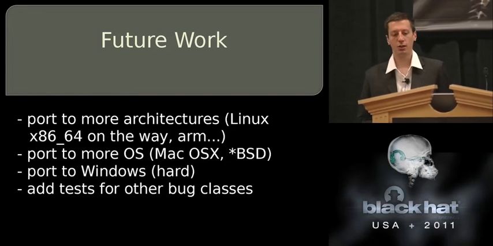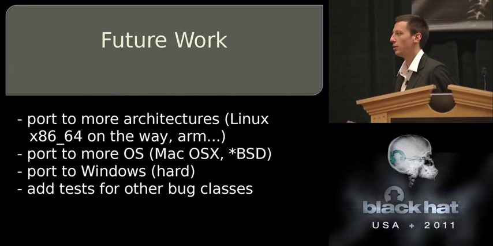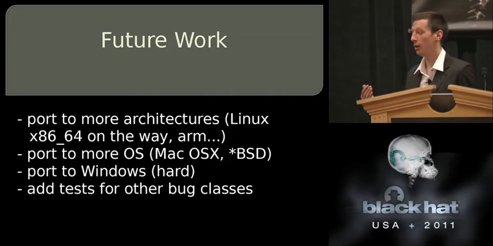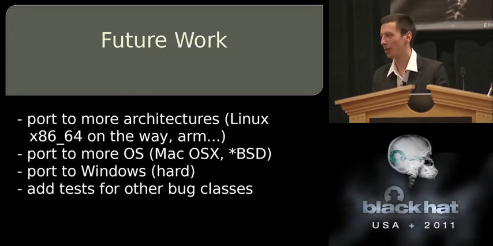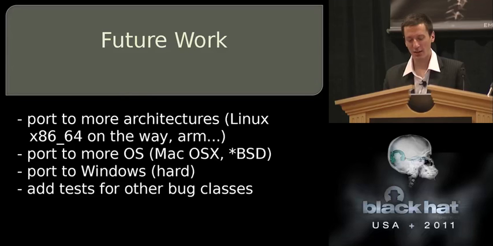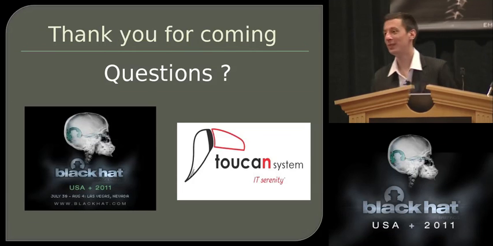The only thing is I have a pretty strong use of /proc. So if you don't have a /proc, you may need to brute force the memory location or get them via another way. Porting to Windows is honestly super hard. I don't believe it's even achievable. And we expect to add more tests for other subclasses of invalid writes or other strategies. No questions? Yeah.